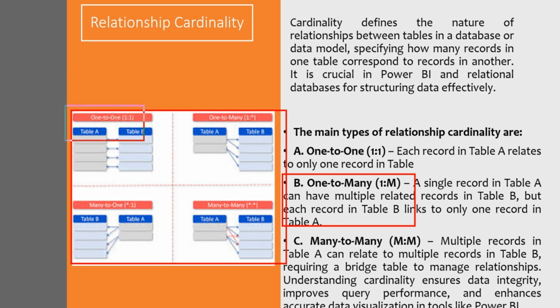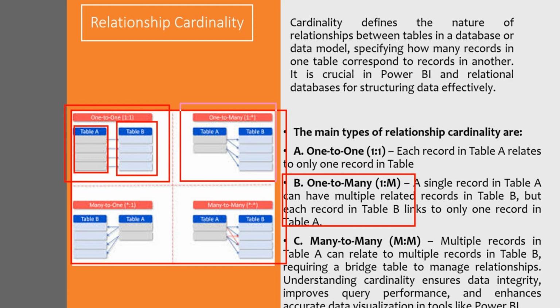So this is one to one. That means one record in table A and only one record in table B. One to many, which is the most common one that you always want to use, is that in table A you have one record, say the customer ID or customer name, and you have many records of that customer in table B, the sales or other table.